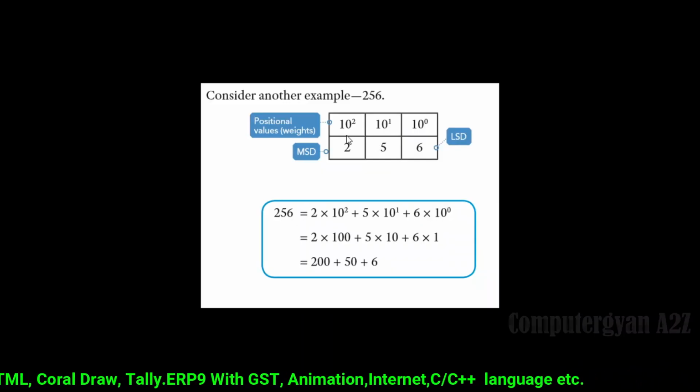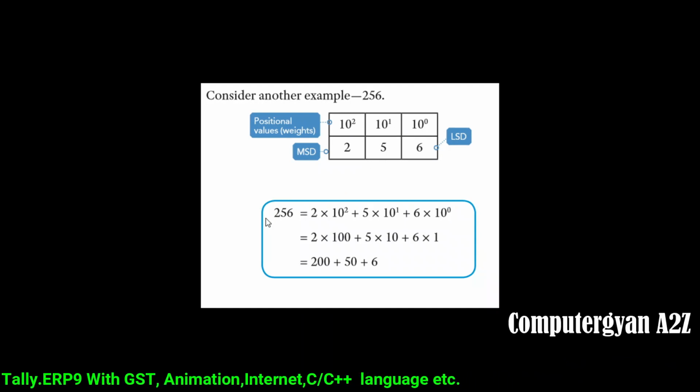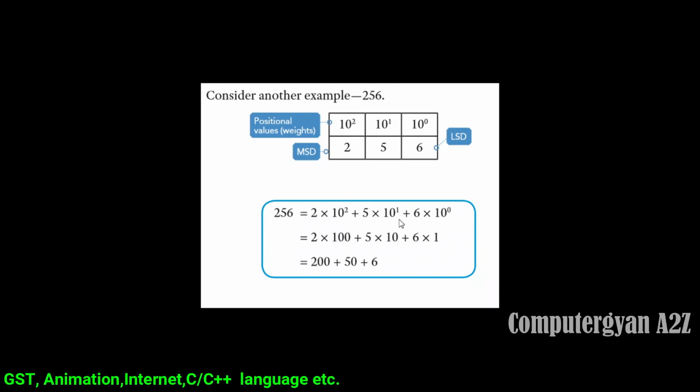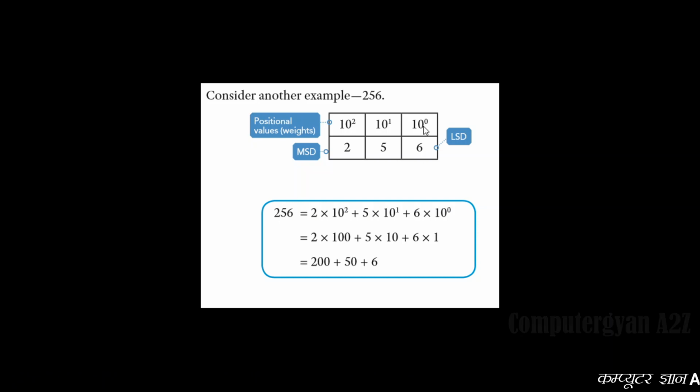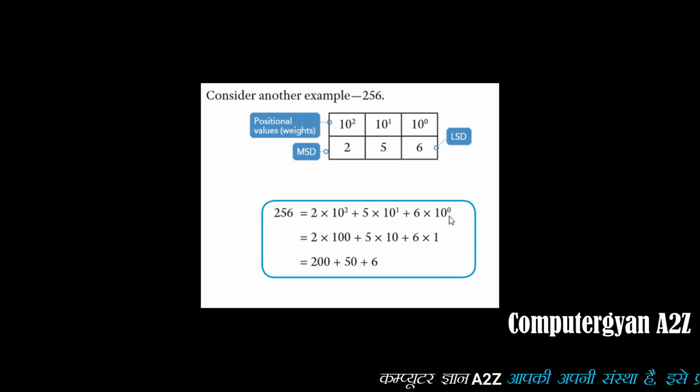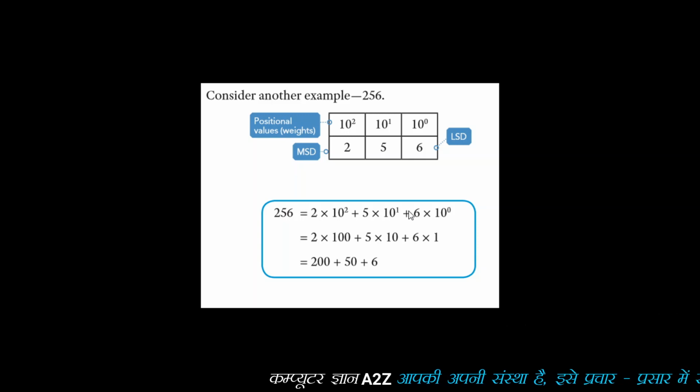By using this table I have solved this number in expanded form. Here you can see 6 position is ones, so its positional value is 10's power 0. I use here 6 multiplied by 10's power 0. Then I use plus sign.